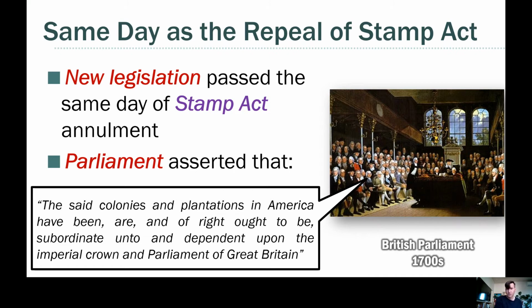So what they're saying with the Declaratory Act is, colonies, beware. We are your boss. Yes, you may have rebelled and you may have been successful with the Stamp Act. However, we're not going to back down. We're going to show you who's boss. And if we want to tax you, we will. That's what they're saying. It's like a warning.